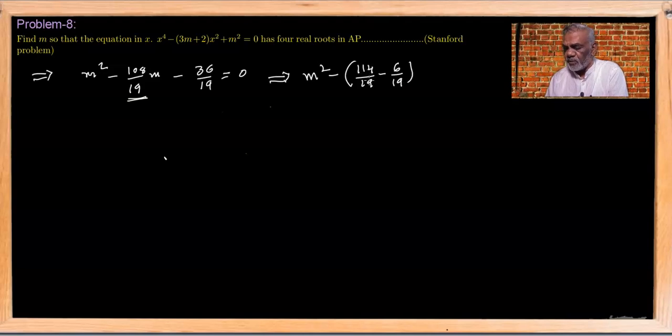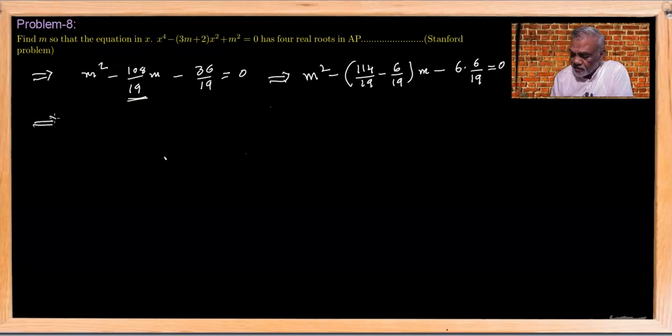Do you agree? 114 by 19 minus 6 by 19 will give 108 by 19. That is, 114 by 19 into 6 by 19 gives 36 by 19 squared terms. That I can write this way.